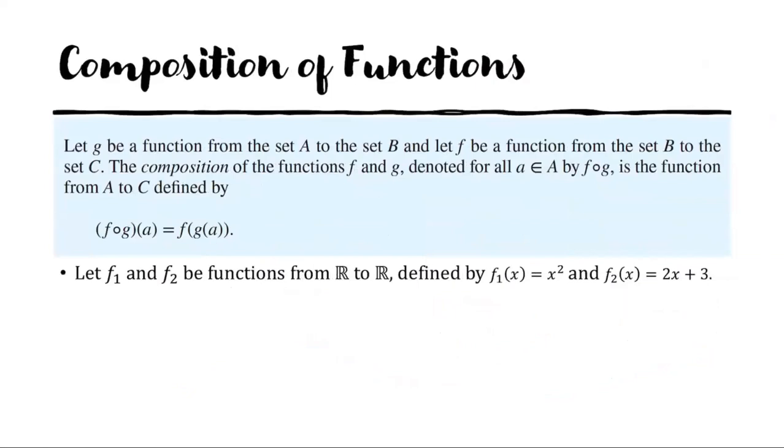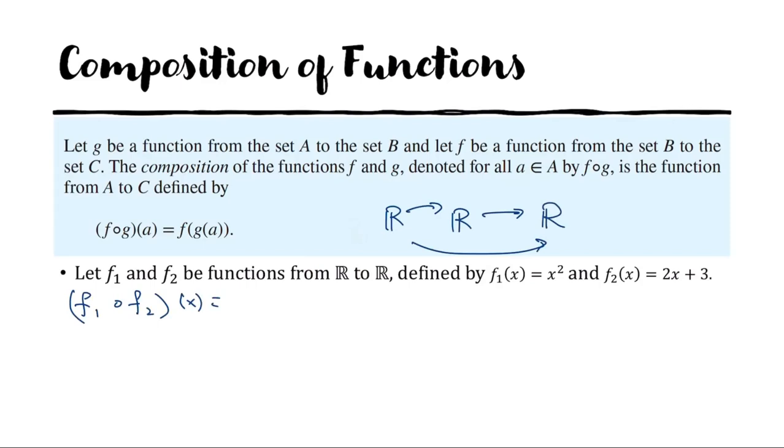So if we look at an example, the same functions, since they are both from the set of real numbers to the set of real numbers, then after we compose them, we still have a function from R to R. So f1 composed with f2 of x will equal f1 of f2 of x.